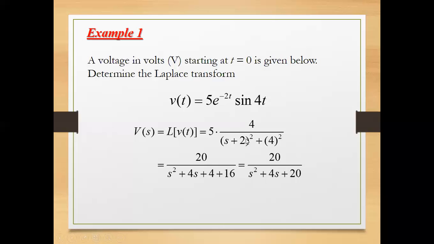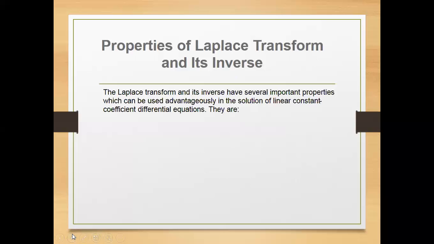You shifted the s because of the presence of the e raised to minus 2t. The rest, of course, will just be your algebra. So if you multiply, that will be 20. If you expand, this would be your answer, and s squared plus 4s plus 20, because this is 16 plus 4, that would make it 20.